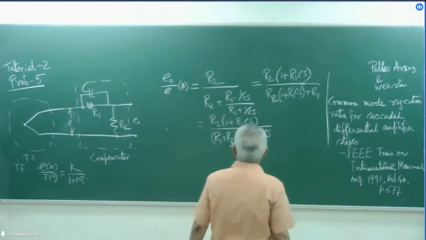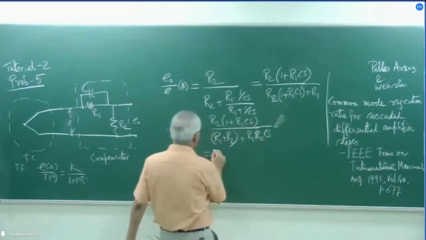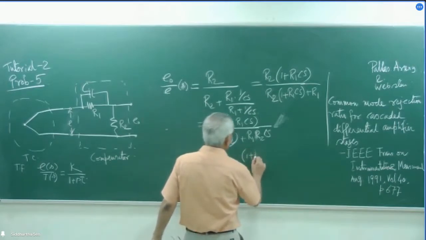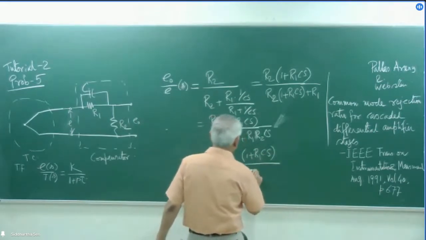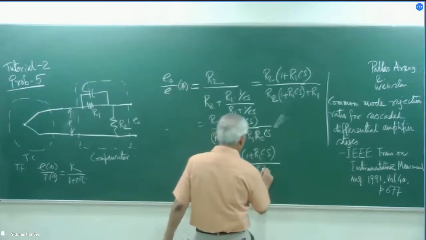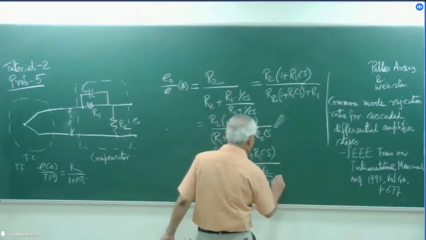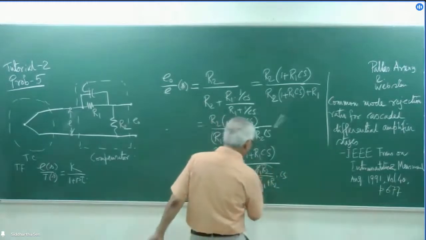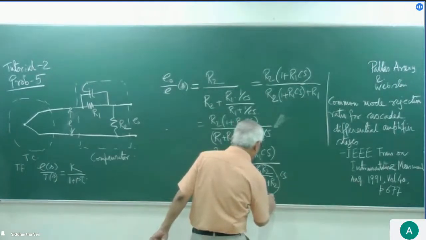So I can write it down as equal to R2 divided by (R1 plus R2) into (1 plus R1 CS) divided by (1 plus R1 R2 divided by (R1 plus R2) into CS). This is basically nothing but R1 parallel combination of R2.